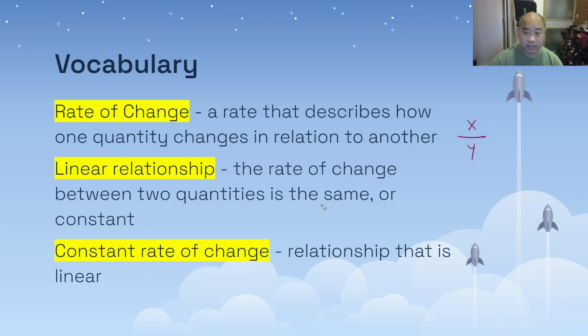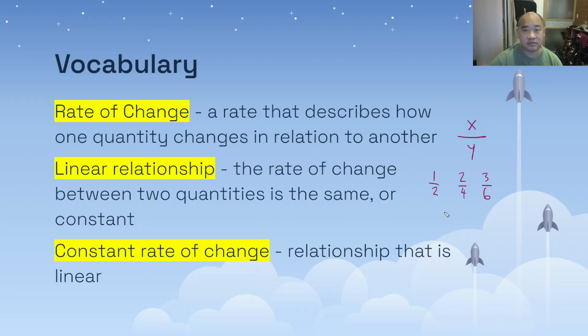In a linear relationship, the rate of change between the quantities is the same or constant. So, for example, one boy for every two girls, two boys for every four girls, three boys for every six girls. This is a constant rate of change. So as one quantity changes, the other quantity changes.